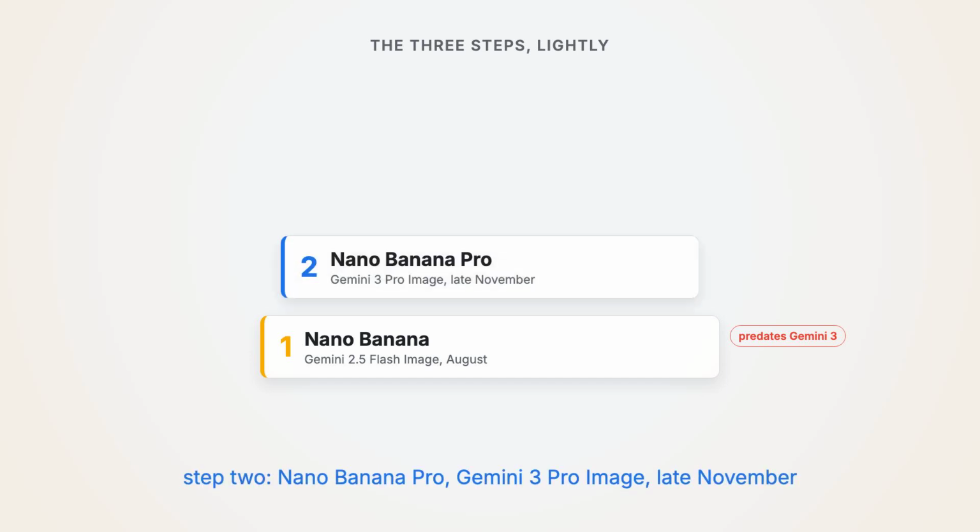Step 2. Nano Banana Pro, officially Gemini 3 Pro Image, announced about 2 days after Gemini 3 itself in late November. This is the one actually built on Gemini 3's reasoning, and it added higher resolution, up to 2K and 4K, plus legible text in many languages. Step 3.